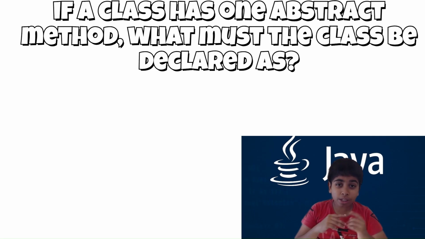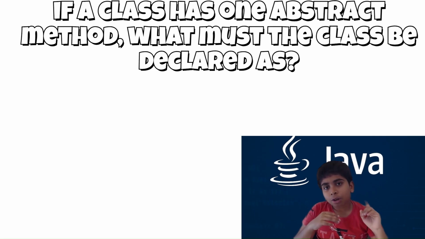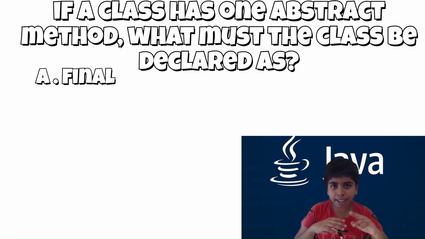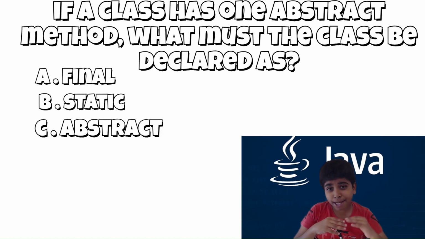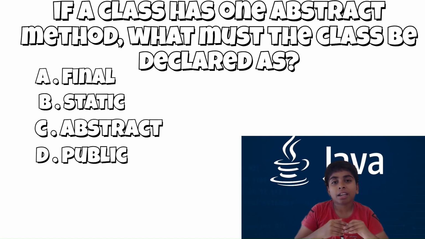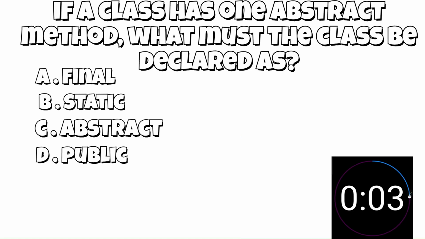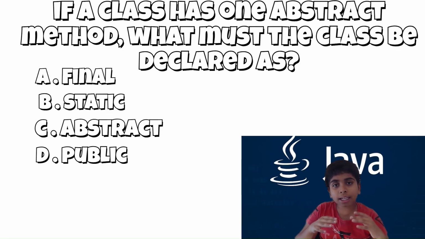Question 4. If a class has one abstract method, what must the class be declared as? A. Final. B. Static. C. Abstract. D. Public. If you chose C, abstract, you're correct. So let's wrap this up.